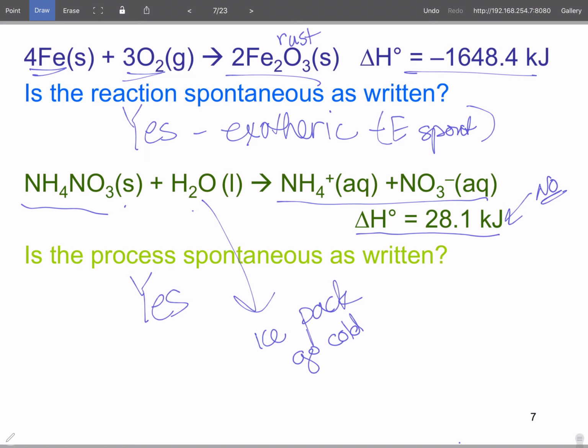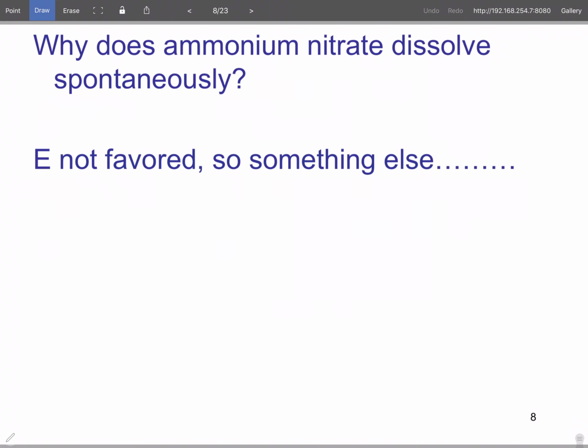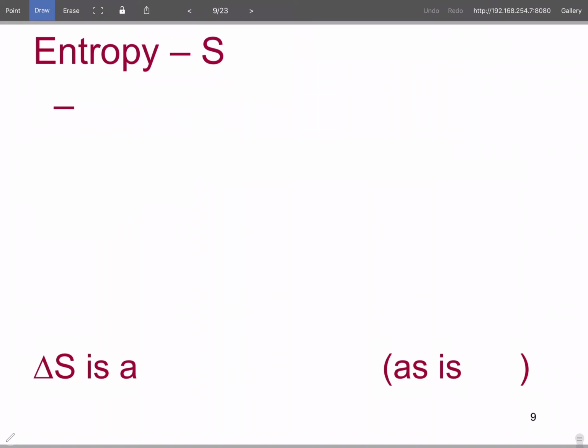So this reaction, according to enthalpy, is not spontaneous, but it occurs. So the question becomes, why does ammonium nitrate dissolve spontaneously? We know that energy is not favored because delta H is positive, so there's something else. The question is, what is that something else? Well, that something else is entropy.